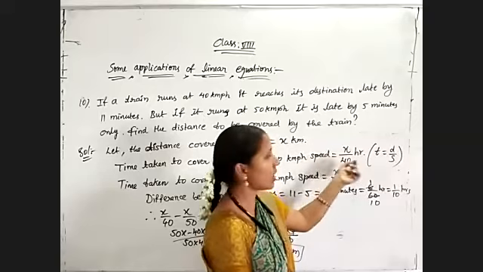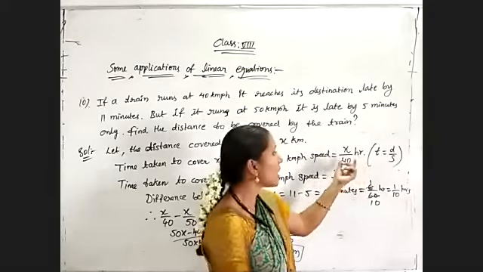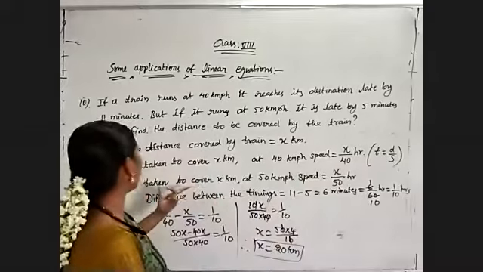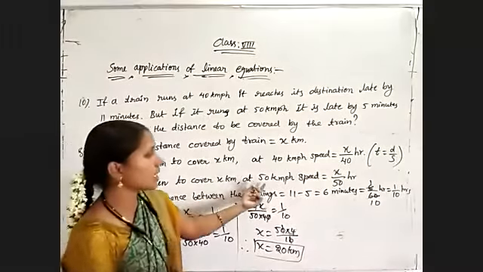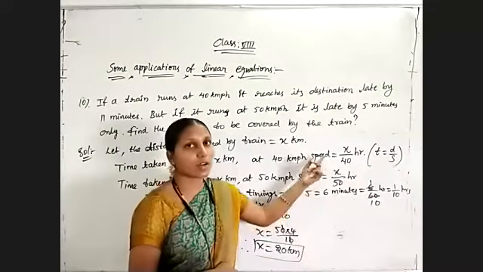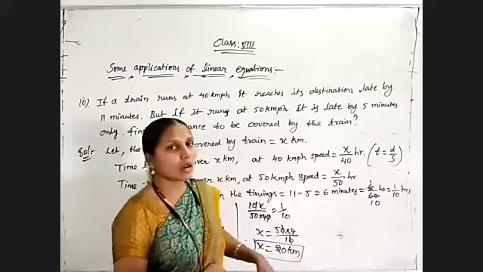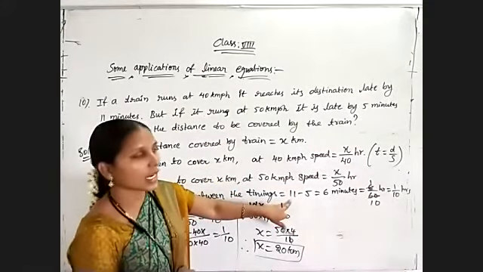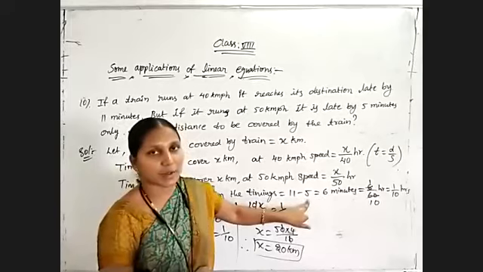Time, compulsorily, we will get in hours or minutes. So here, kilometers per hour, so hours only we will get. Now time taken to cover x kilometers at 50 kilometers per hour speed is equal to x by 50 hours. Now their difference is given. One time it is reaching 11 minutes late and another time 5 minutes late.